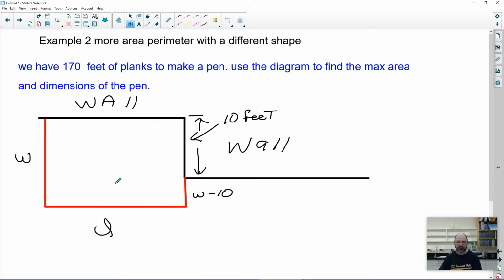So step 1 is to write our perimeter equation for the 170 feet. So 170 equals W plus L plus W minus 10.